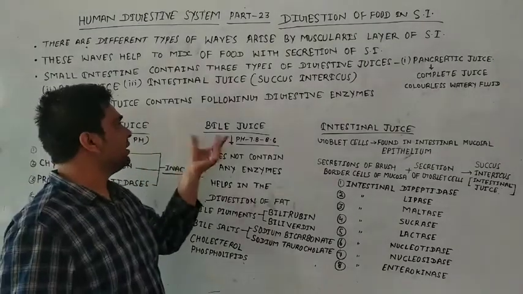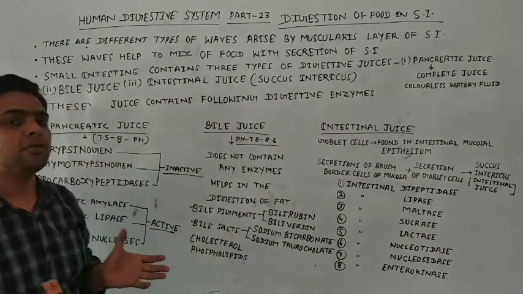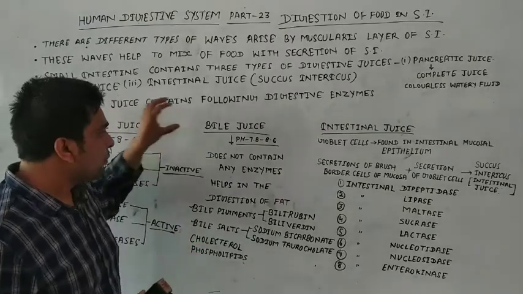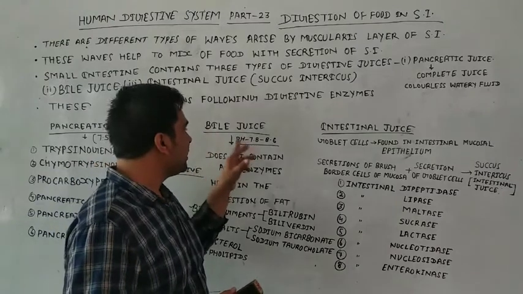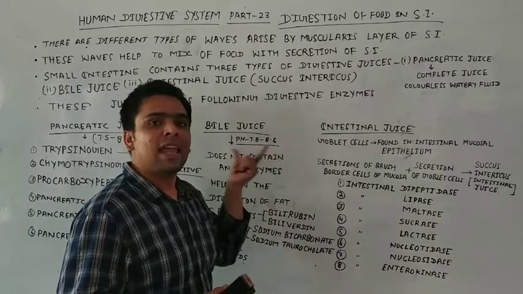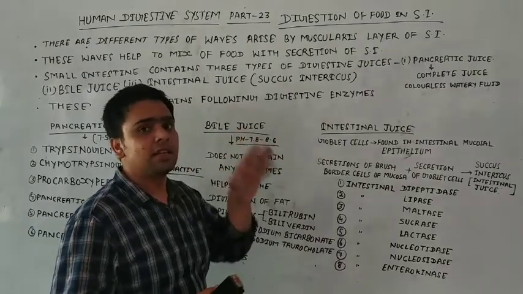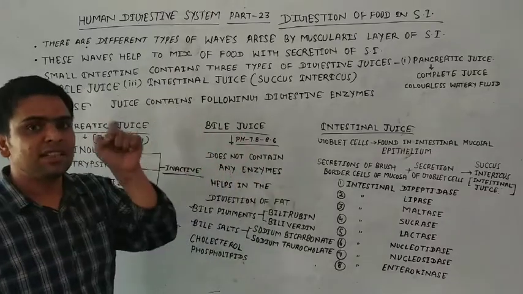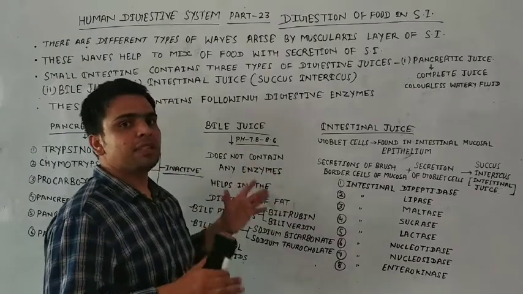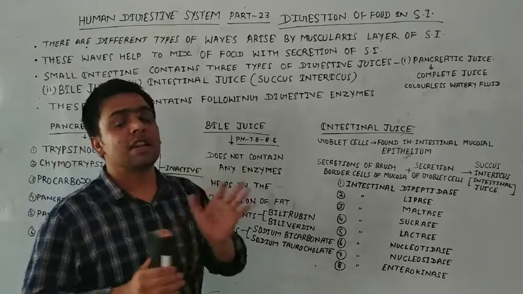Come to the next point, the next juice, which is known as bile juice. You must know, students, that bile juice is produced and secreted by our liver. If we talk about the pH of bile juice, it is 7.8 to 8.6. We can say it is a slightly alkaline pH, because 7 is considered the neutral pH, and 7.8 to 8.6 is measured as slightly basic or slightly alkaline.